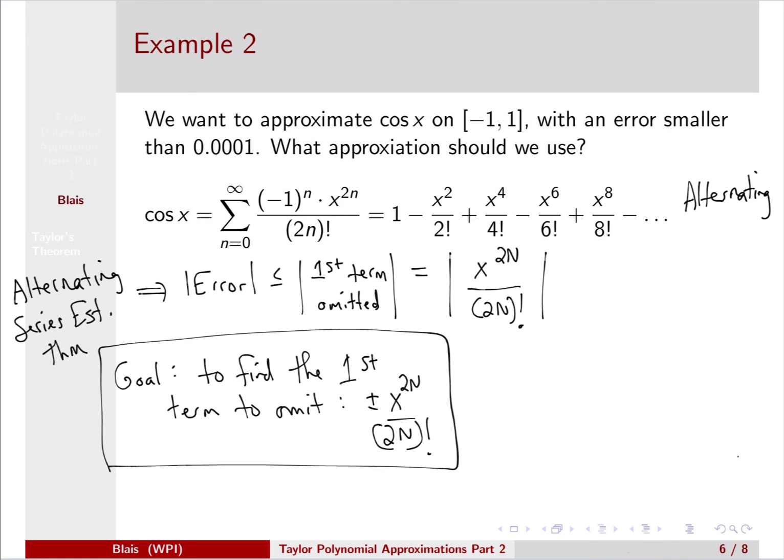Well, let's think about the idea of looking at a worst case for this. What's the worst case for this expression? We can rewrite it as the absolute value of x to the 2n over 2n factorial.